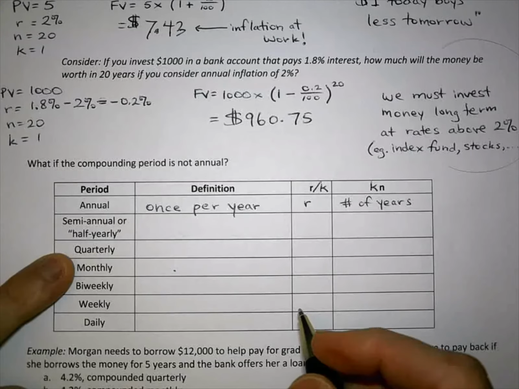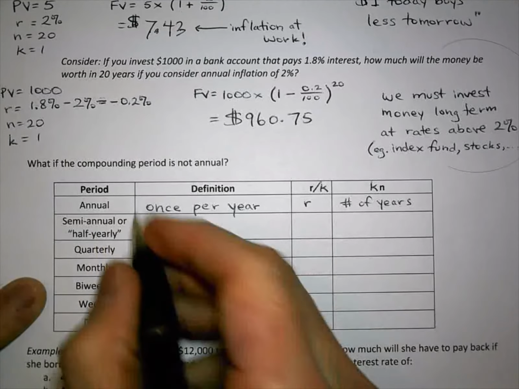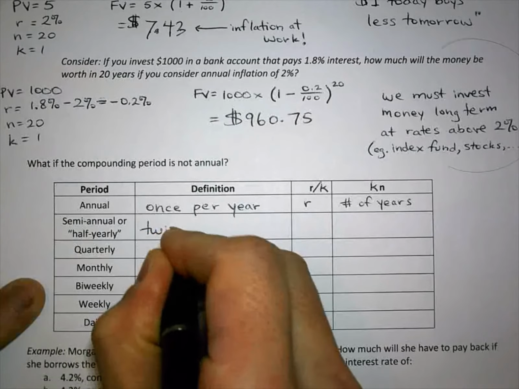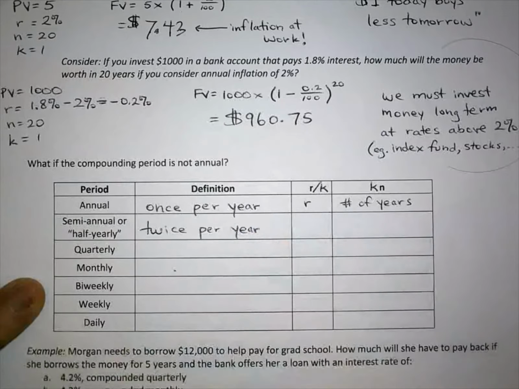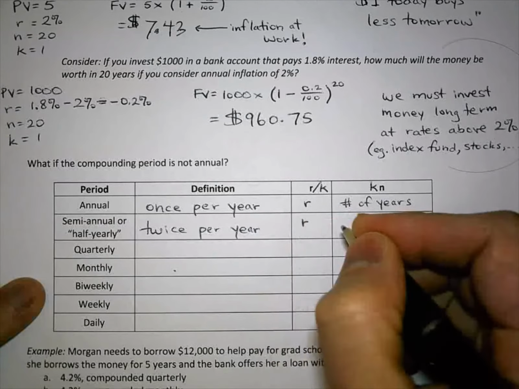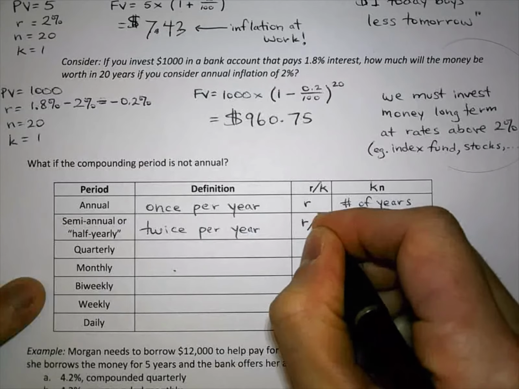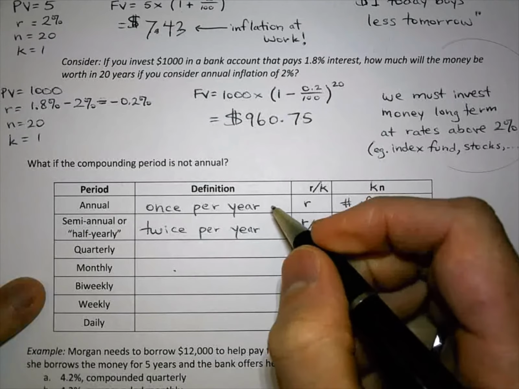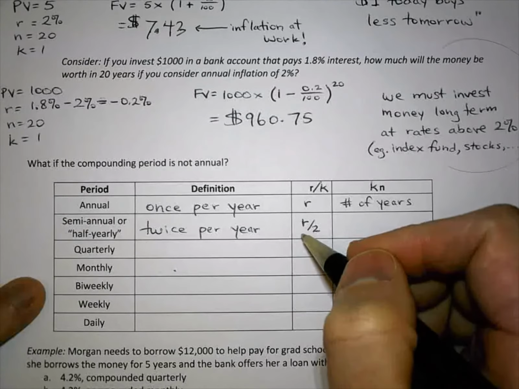So semi-annually, or what you might see in an IB exam as half-yearly. This means you're getting your interest twice per year. So imagine you're getting some interest at the end of June and the other half at the end of December. Let's say you were getting 3% interest: you would get 1.5% in June, and then 1.5% in December.